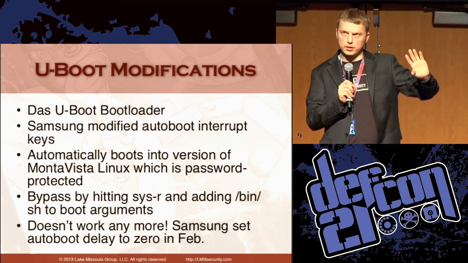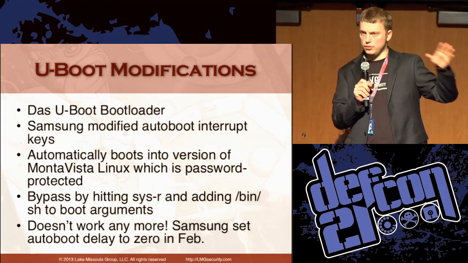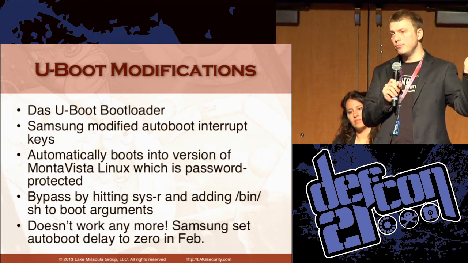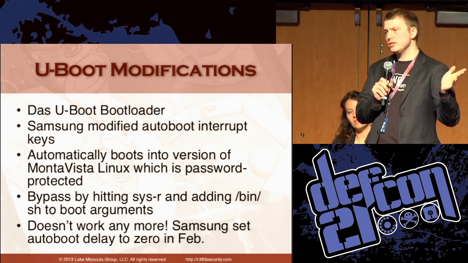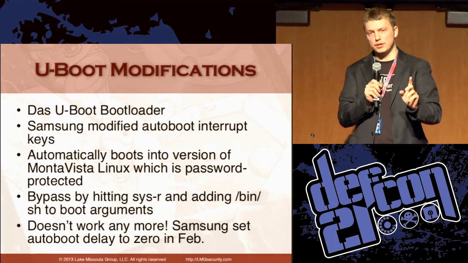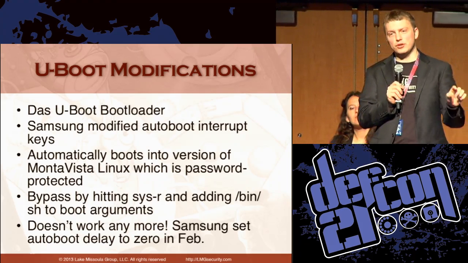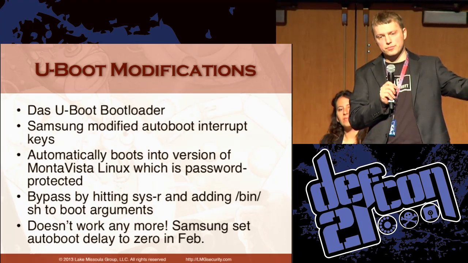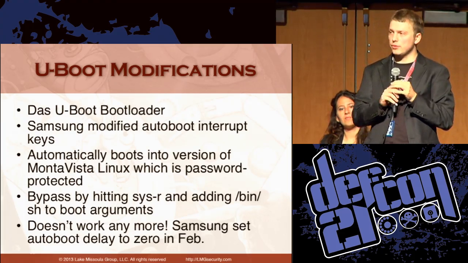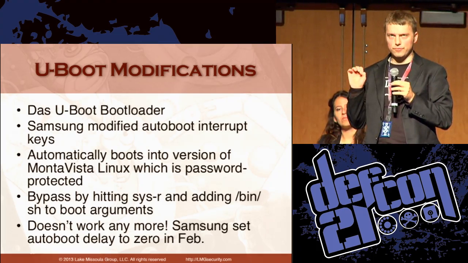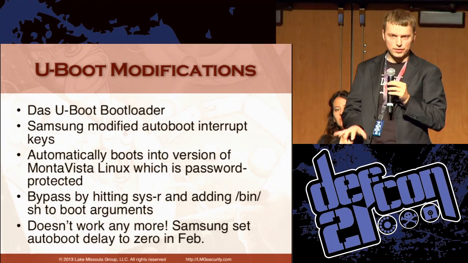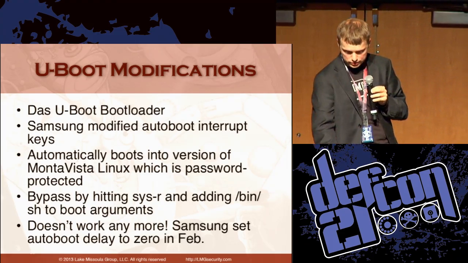In the old versions, old being this time last year up through like January or February of this year, all you had to do to interrupt the boot process was, instead of hit any key, you would type SYS return. The code for that was in Samsung's published source code. We actually didn't figure that out. That was another gentleman whose name I'm spacing, but it's in our white paper, linked to his blog post about it. So we took that, and okay, we've got root access.